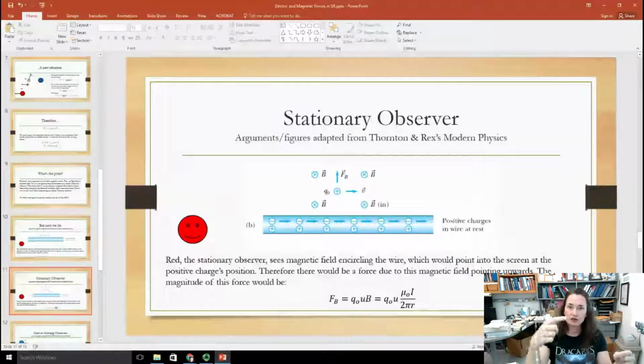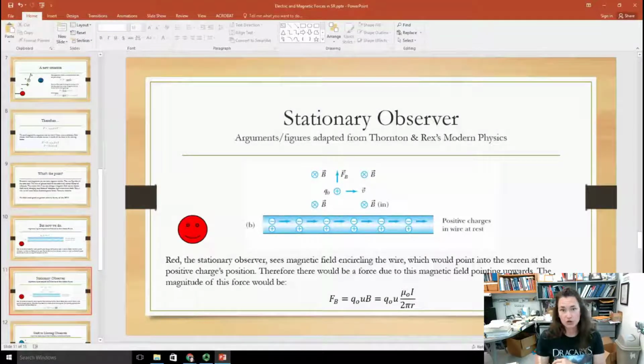So the magnetic field from this current carrying wire is going to make circles around that wire, pointing into the screen above and out of the screen below. Now q naught is above, and it's a positive charge. So if you apply your right-hand rule, q U cross B here, then the force due to that magnetic field on that moving charge will be upwards.